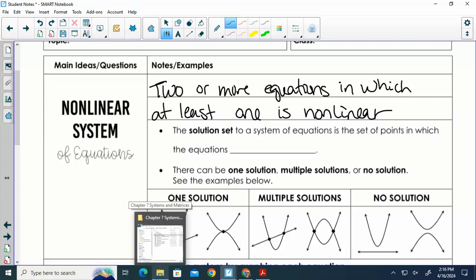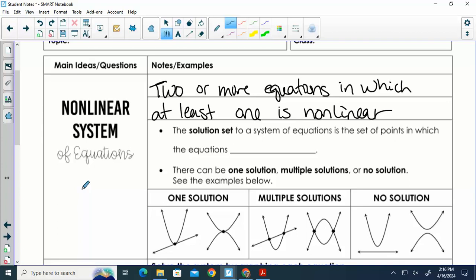The ones we did previously, it was just two lines, and we talked about getting the solution from a graph. When we graphed those two lines, what was the solution? All real numbers. Sometimes, if they were the same line, when you looked at a graph, how did you know what the solution was? If you had two lines, you were looking for the point where they met, where they touched each other.